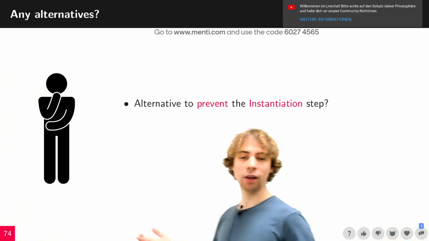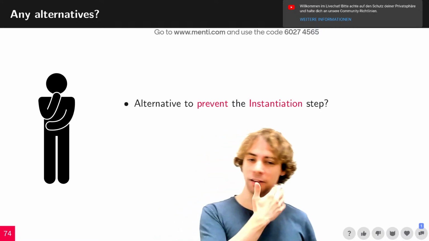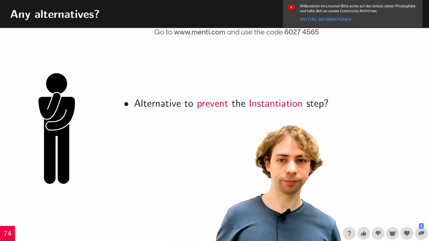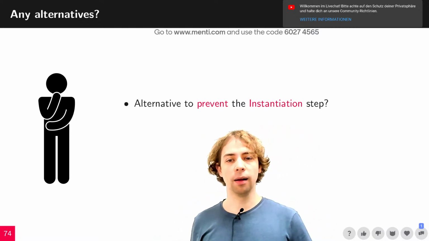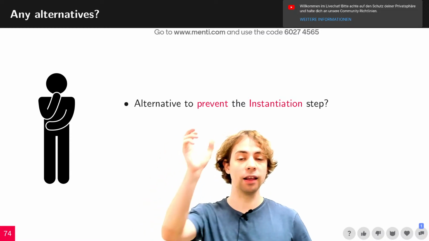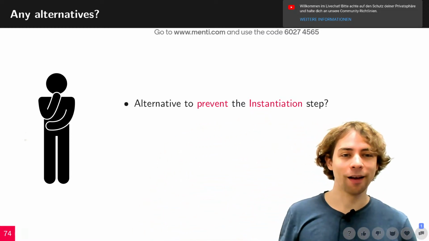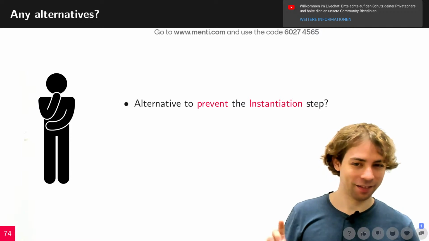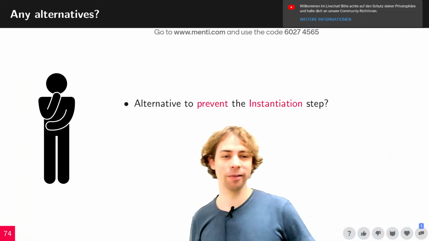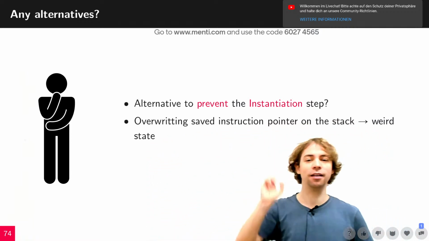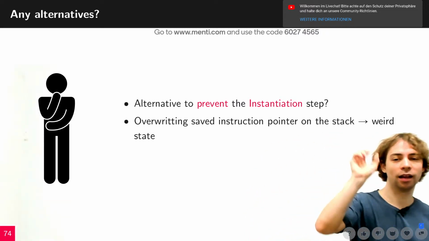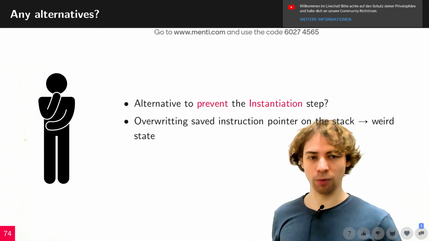Academics are always looking for these generic mitigation steps. So what is the alternative to preventing the instantiation step here? We can take a look at the other steps. Overwriting the saved instruction pointer on the stack gets us into a weird state.